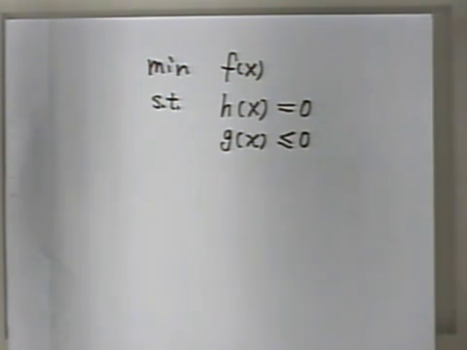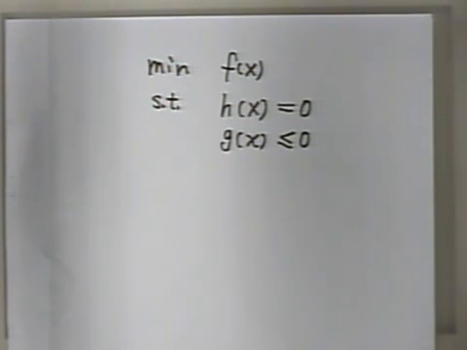The gradient of your objective function at the stationary point should be a linear combination of the gradients of your equality constraints. Based on that, we try to find stationary points and then identify if those solutions are local minimal, local maximal, or maybe non-optimal solutions.